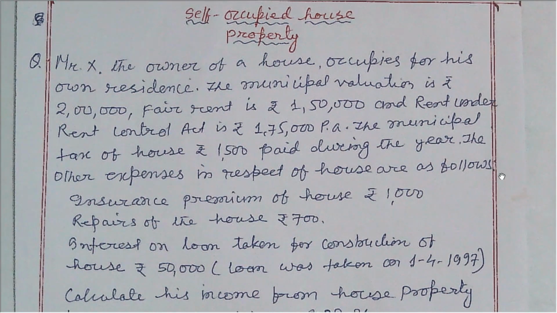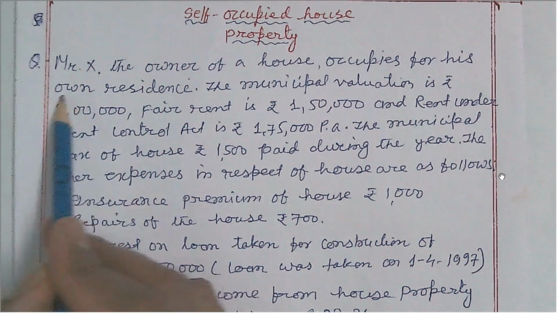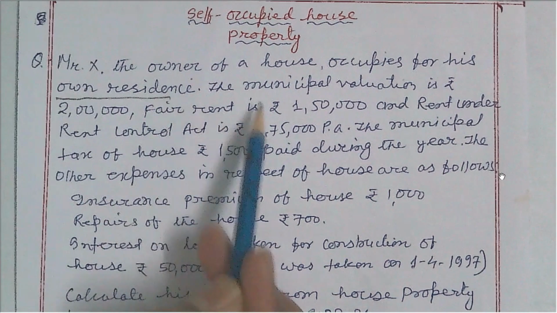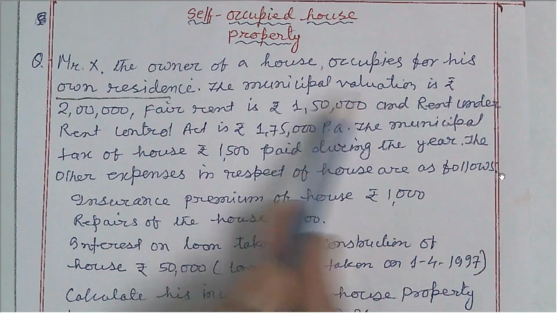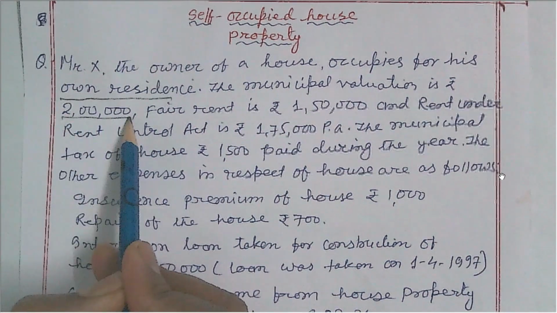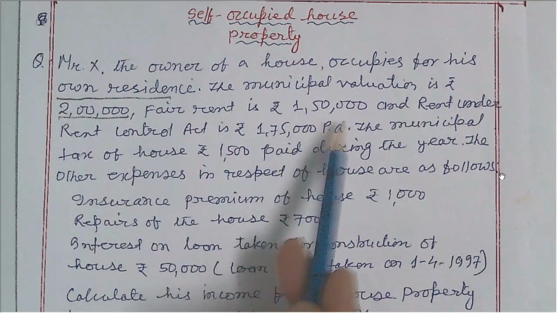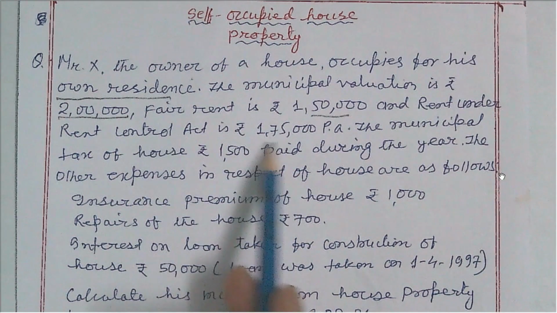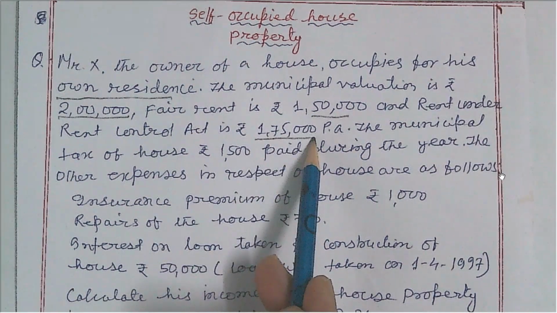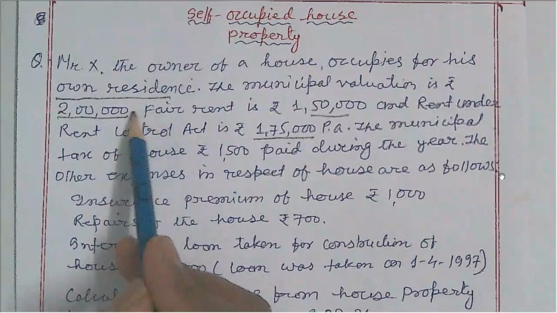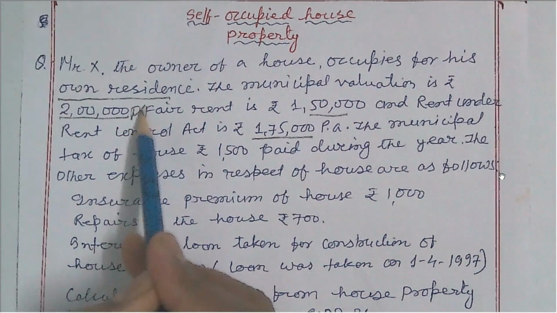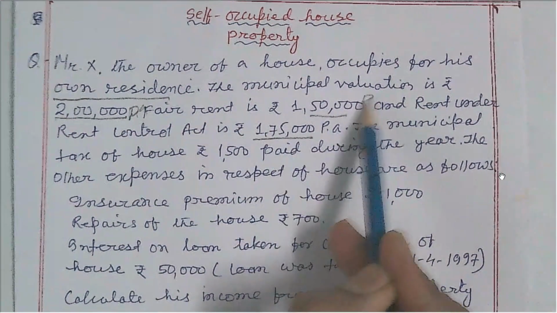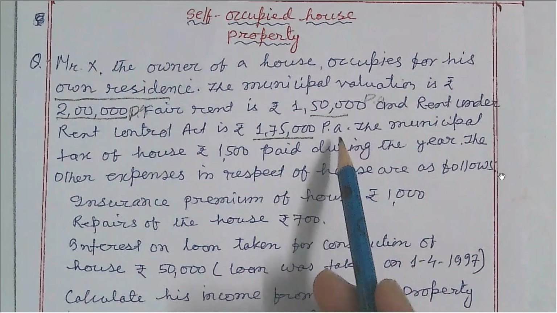Mr. X, the owner of a house, occupies it for his own residence. The municipal value is rupees 2 lakh. Fair rent is rupees 1,50,000. Standard rent under Rent Control Act is 1,75,000. All these are annual values, per annum.